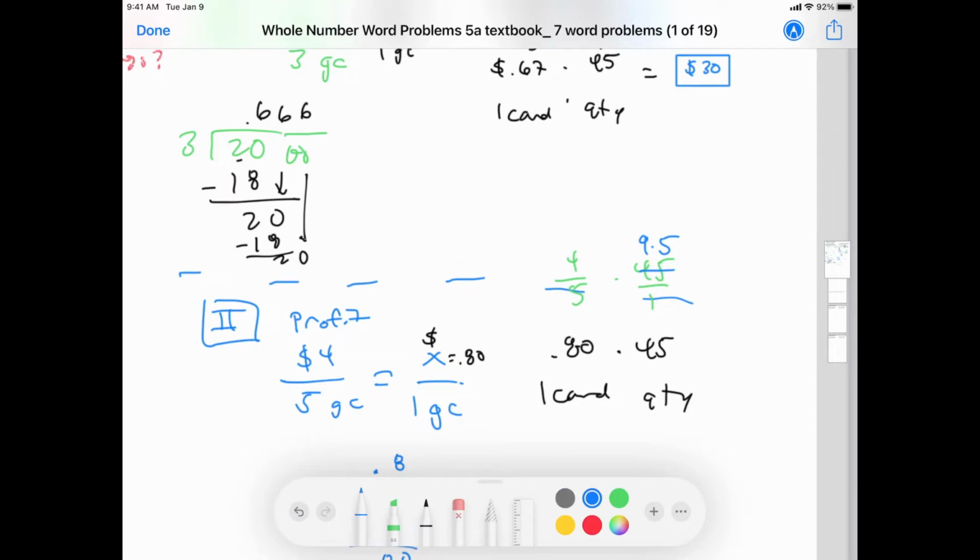So in the numerator, I have 4 times 9 times 5, and in the denominator I have 5 times 1. I can cancel my 5s, and so 4 times 9 gives me 36. So my total profit if I sell all of my cards will be $36.